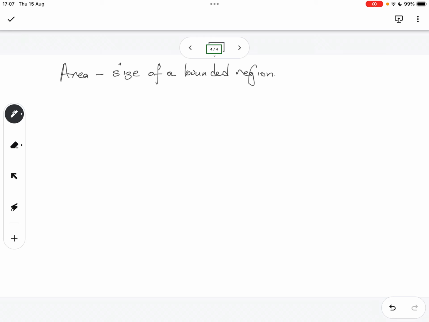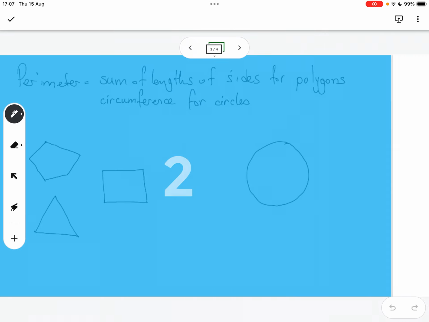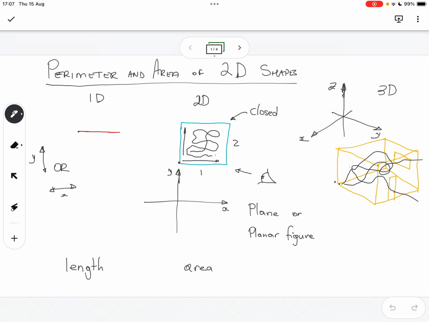So area, remember what we spoke about in the first slide. I'm just going to take us back there. What we spoke about was that it's two-dimensional and it's a projection of that line going in that direction.